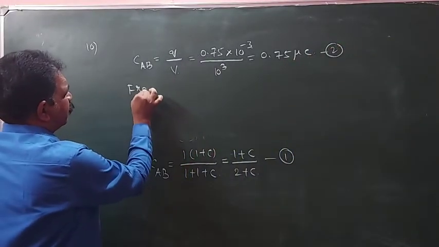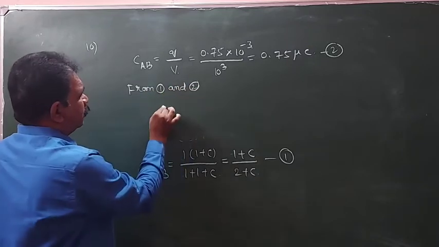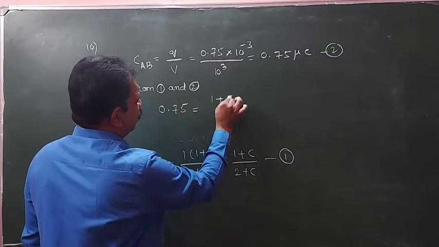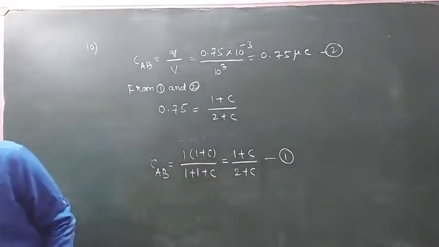From 1 and 2, 0.75 equals 1 plus C by 2 plus C. Calculate.